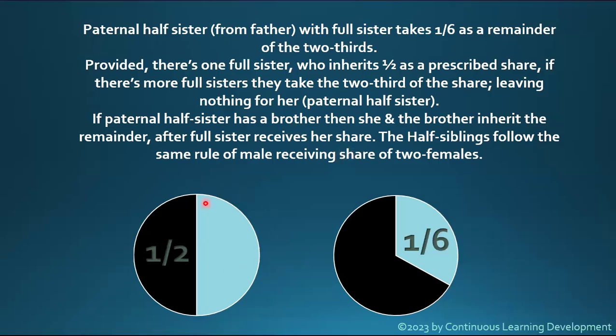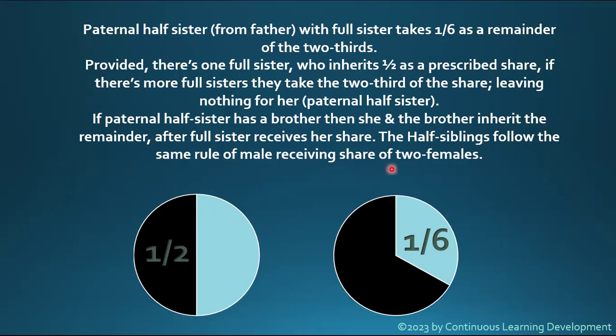Now, this is in the case where there is only one full sister. She will take her half, and anything that's remaining will be shared amongst the half siblings. Half siblings follow the same rule of the male receiving the share of two females.